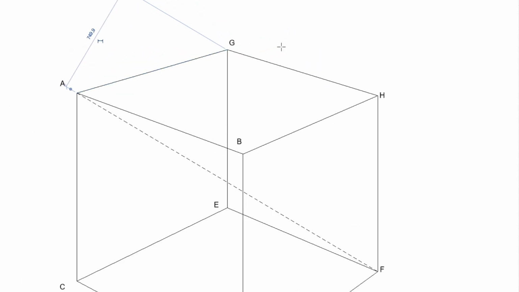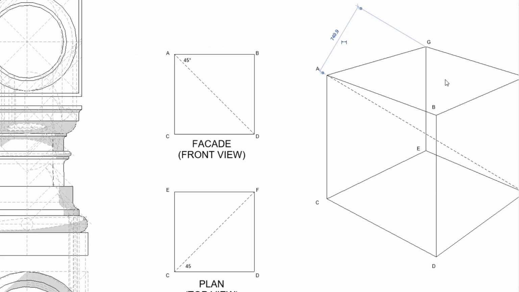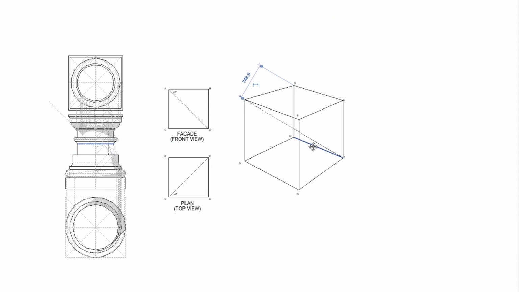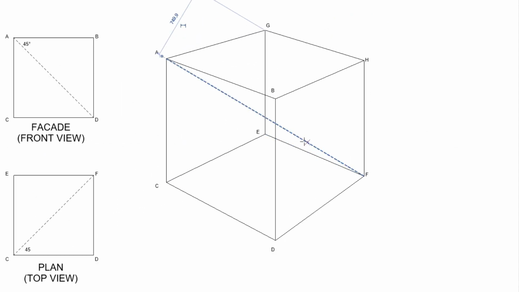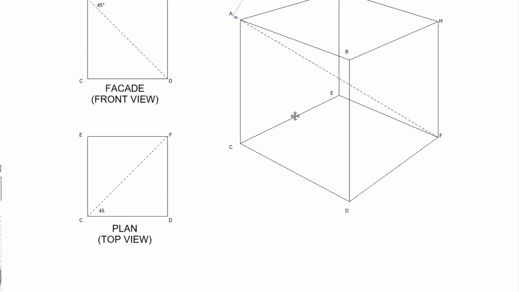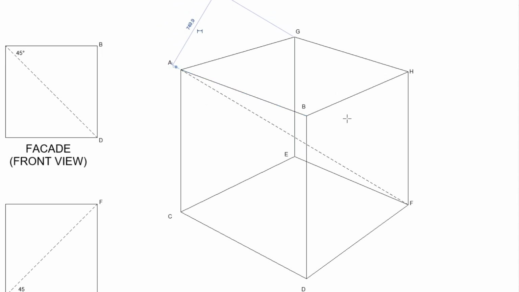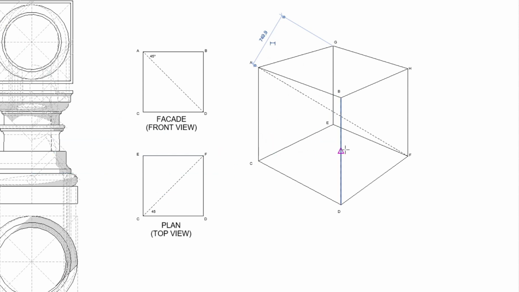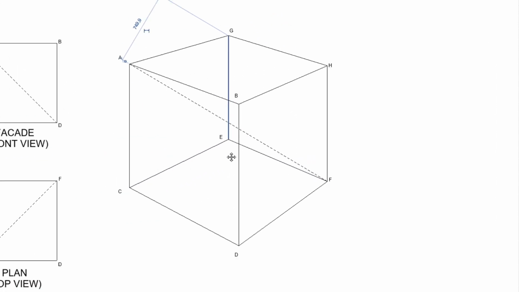You will notice actually that there are two labels here, G and H. Those corners are not in either of these views. Only A, B, C, D, E and F are represented in the 2D views.